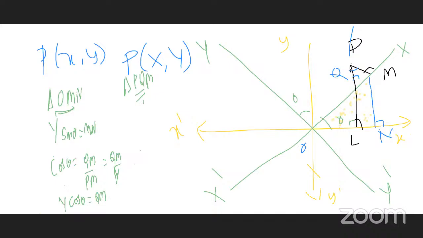For the same triangle, if I apply sin theta is equal to opposite by adjacent, this is sin theta.